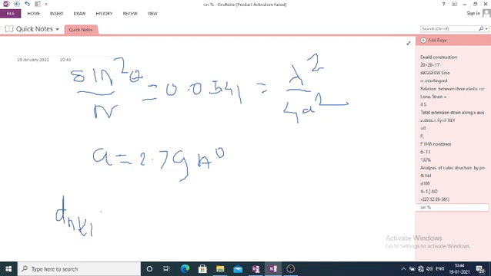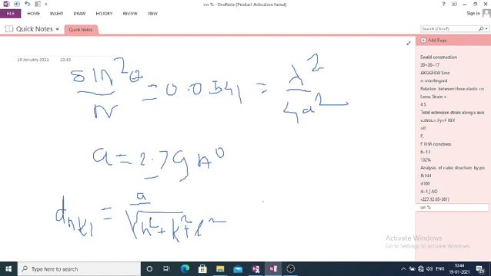for the plane. Interplanar distance for every plane. If a is known, we can use the standard formula, that is a divided by square root of h square plus k square plus l square. You have to use the hkl, that is the 100.